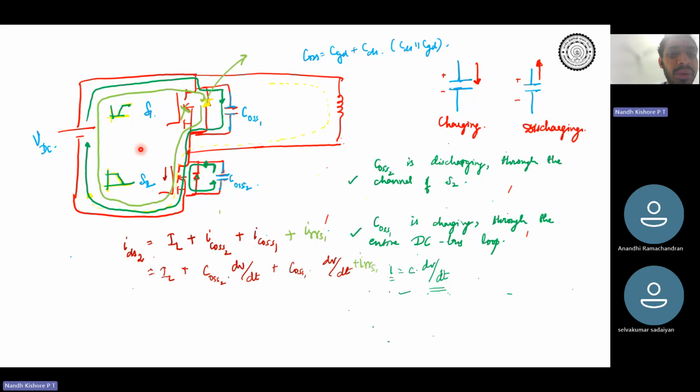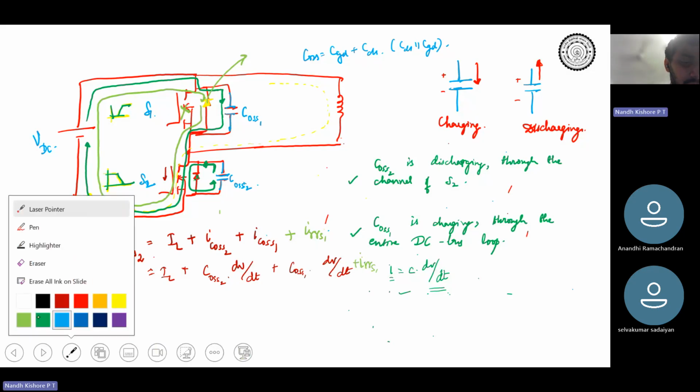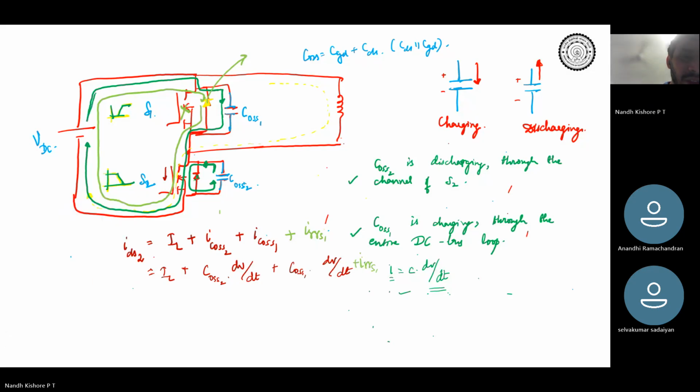How would COSS1 charge up? It would charge up through VDC, COSS1, and then through the channel of S2 and then back. That is the dark green color, something like this.